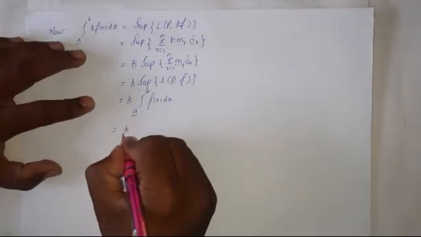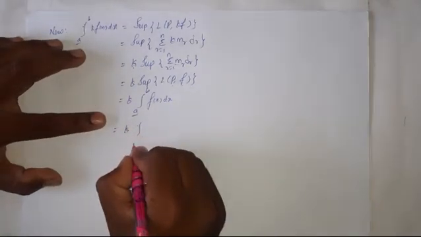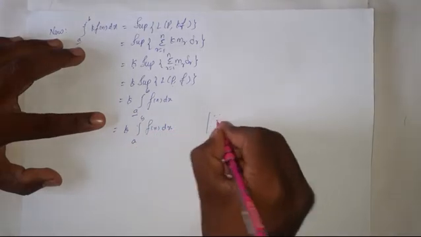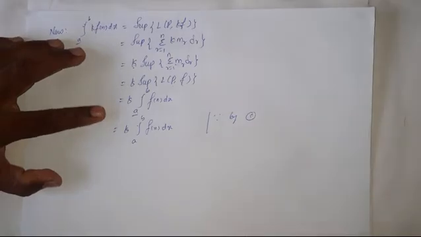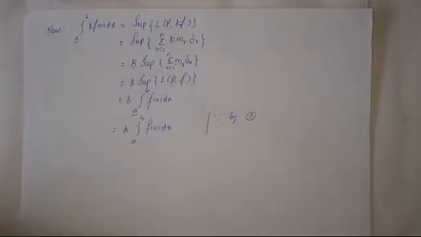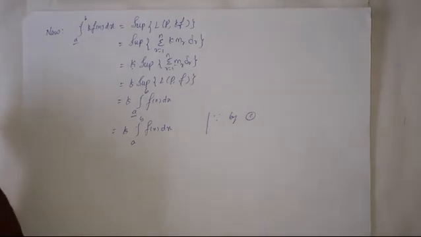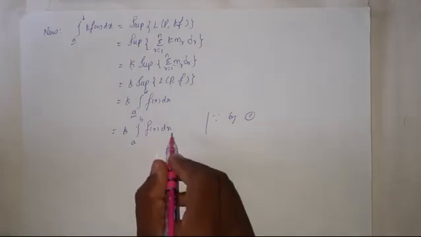And now this can be written as k into the integral over a to b of f of x dx. This is by using equation 1, because in equation 1 we have that the function is Riemann integrable. Therefore, the upper Riemann integral of the function f is the same as the lower Riemann integral of f, and both are equal to the Riemann integral, the common value, the integral over a to b of f of x dx.